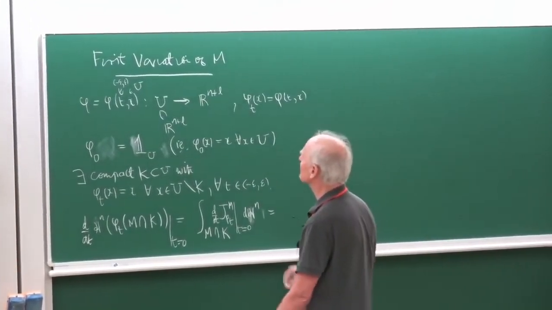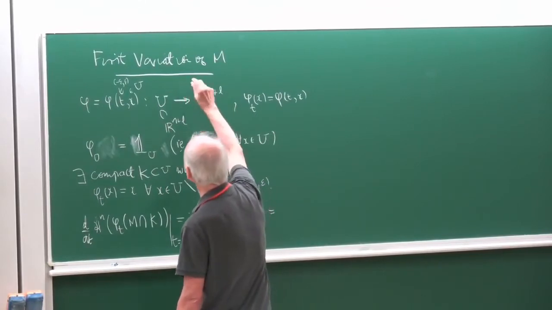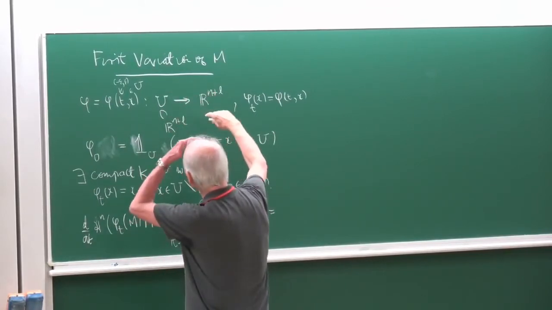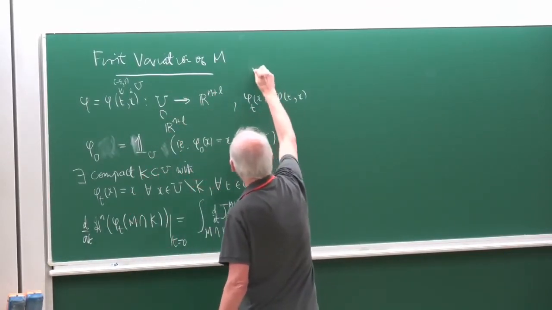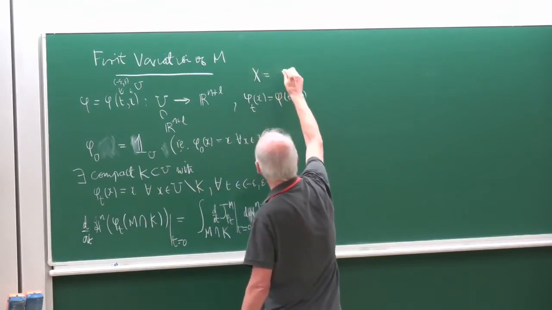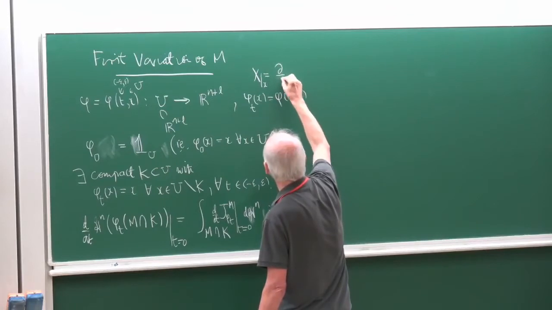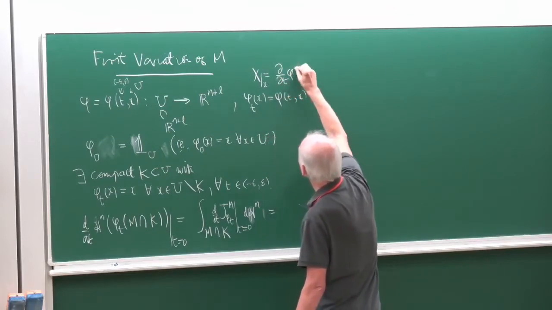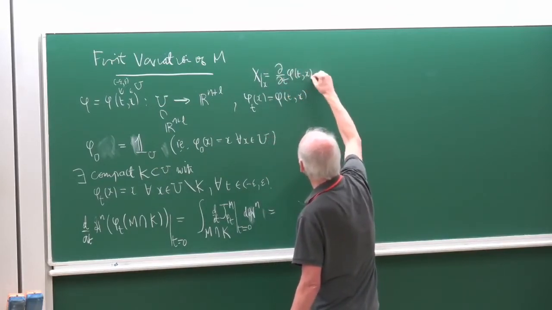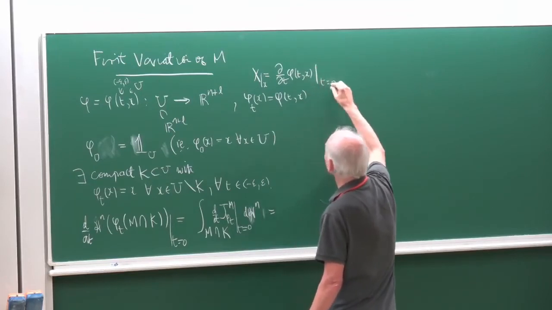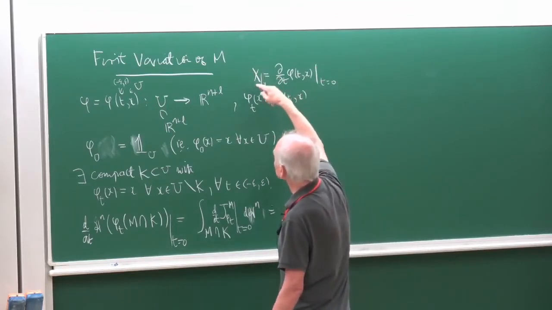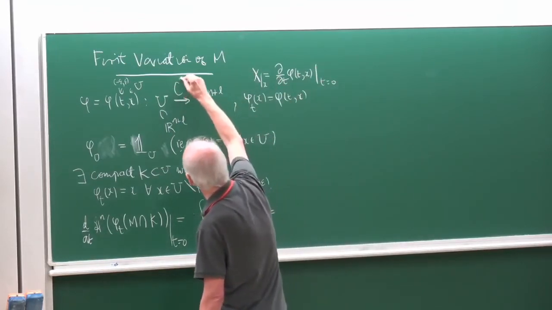I think I forgot to say what the conditions on this are. Remember, we want to look at the first variation, so we want to take the initial velocity vector. So X(x) is the initial velocity vector of this one-parameter family. I want this to be C^1, so that means phi had better be C^2.